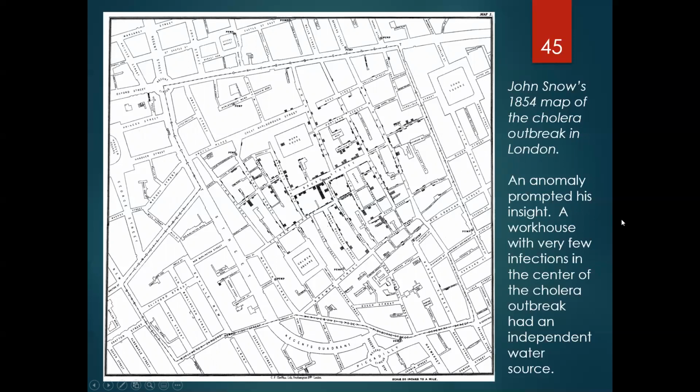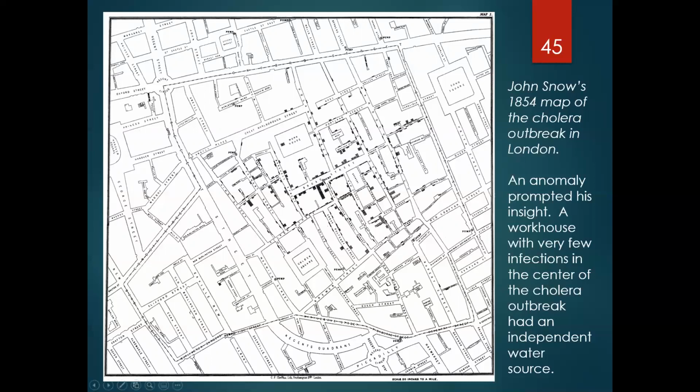This map was made to find out the source or the medium of the infection of cholera in this cholera outbreak in London. There are small bars along different streets, and the length of the bar is proportional to the number of infection cases along that street.